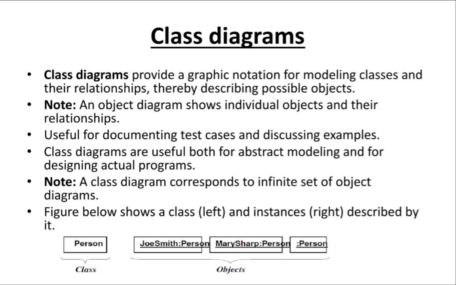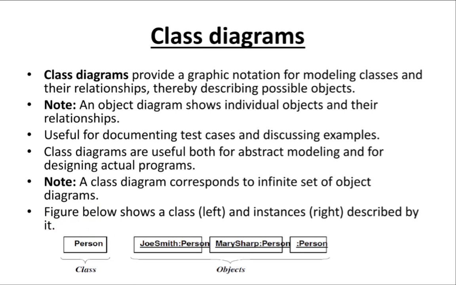In this diagram, on the left side, this is a person class. Here you can observe I am showing the information in graphical format, that is, graphical notation. For example, here the class Person is represented by a rectangular box.